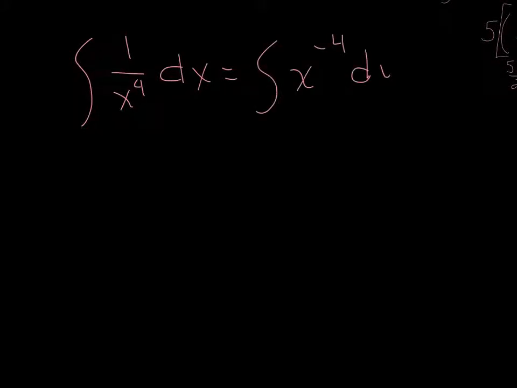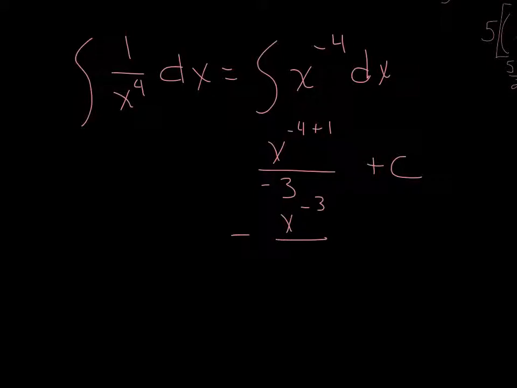Now we can use that reverse power rule, which says we'll have x to the negative 4 plus 1. And what is negative 4 plus 1? Negative 3. Over negative 3 plus c. So this gives us x to the negative 3. I put that negative out front. And now we'll just bring it down.